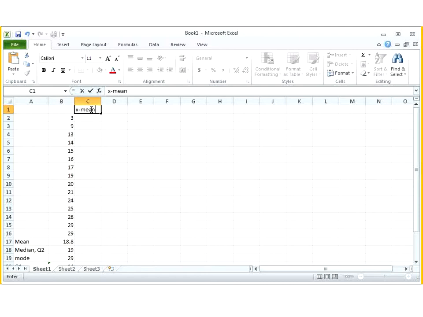I can show you how to do the other part at the time, the little line above the X. Okay, so what is the mean?